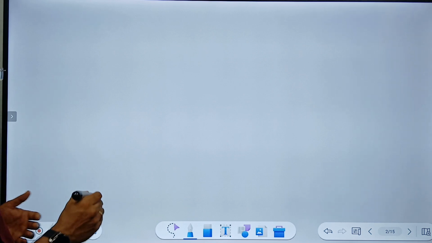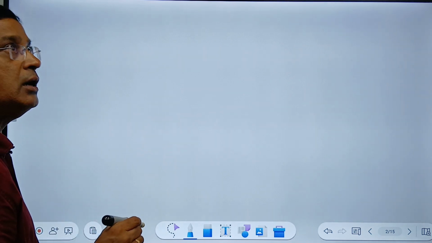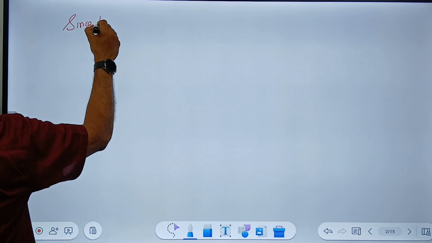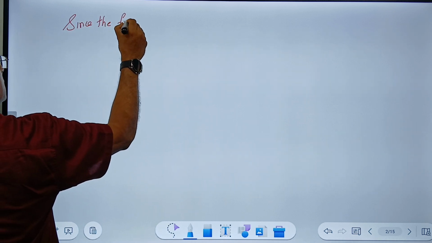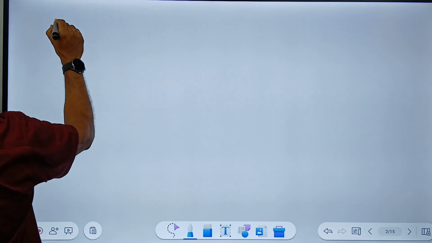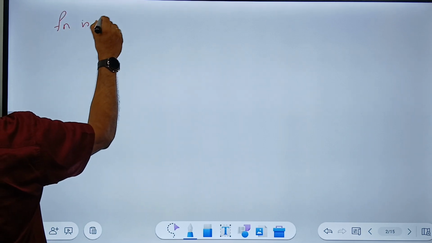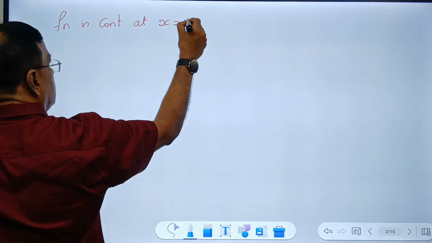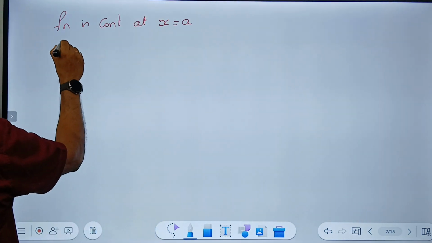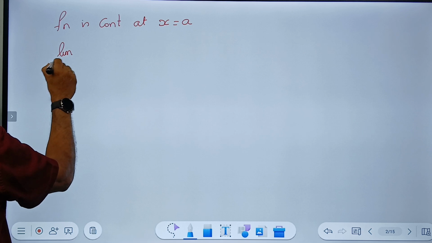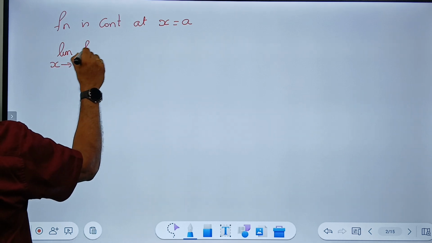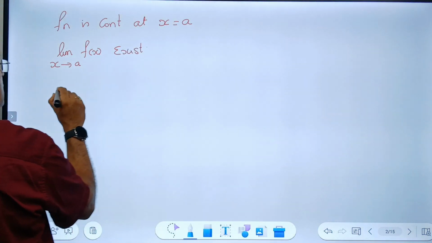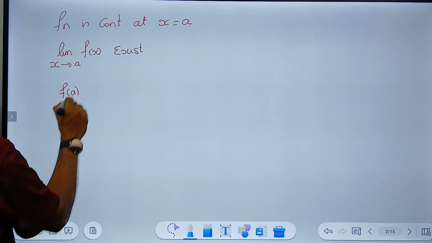Now, you can say the function is continuous at x equal to a when the limit as x approaches a of f(x) exists, and f(a) exists, and both are equal.